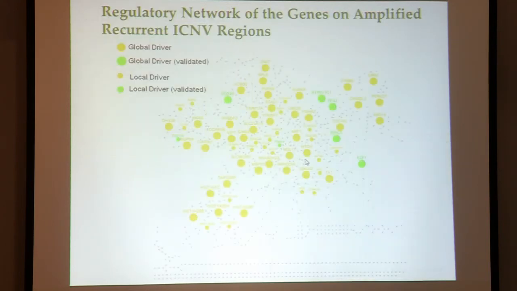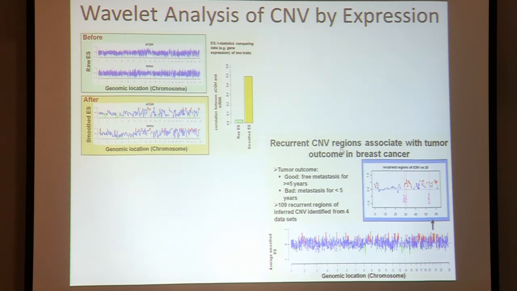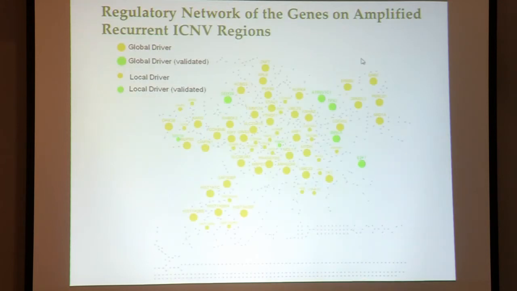So those regions just give you some association, just like the Inflammatome gene signature. It just tells you those genes are important for the model, but it does not tell you the relative importance of the genes. So again, we made use of the Bayesian network constructed by Zhang, and we use the key driver analysis to further identify and rank order the genes in those recurrent CNV regions.